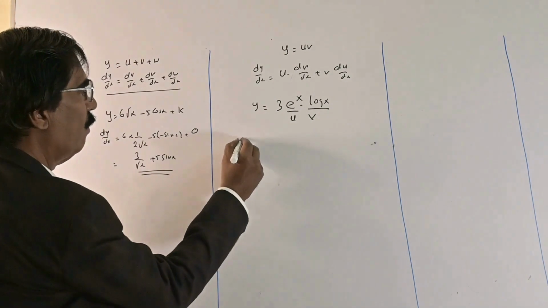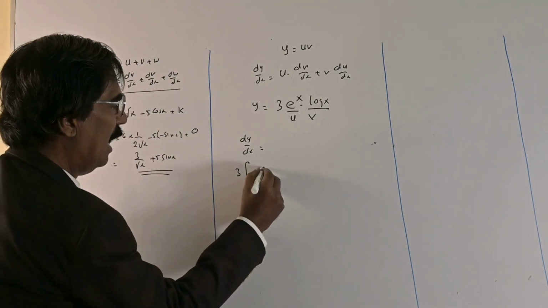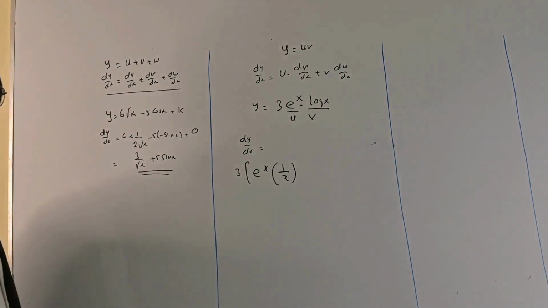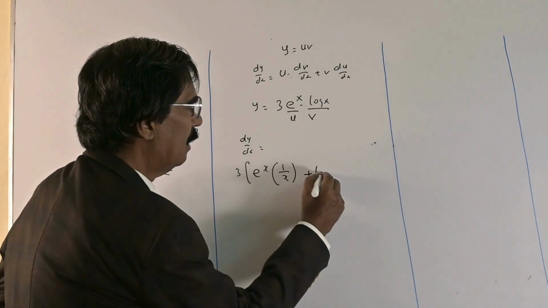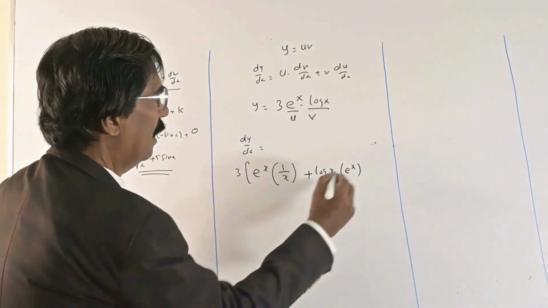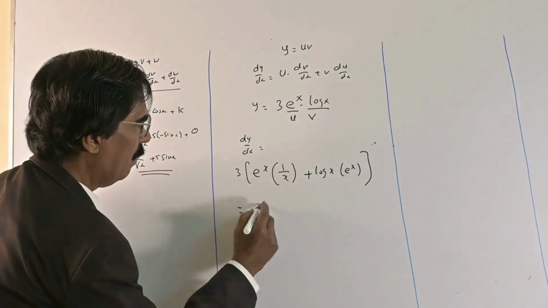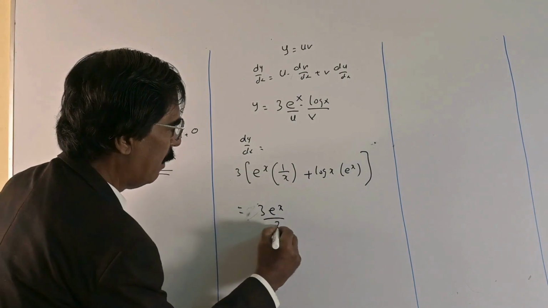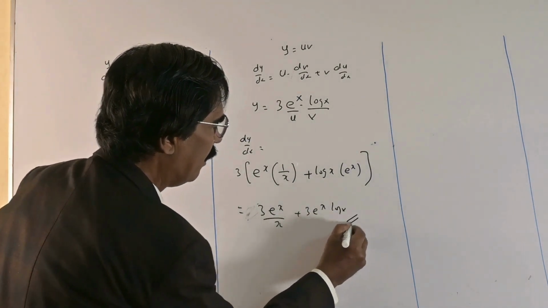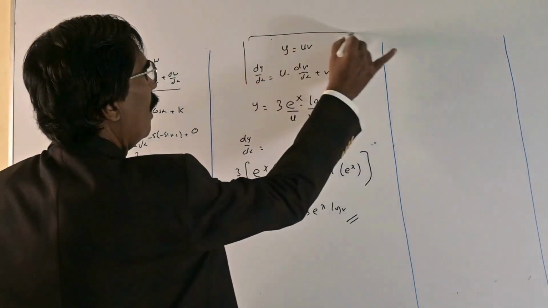Now differentiate: dy by dx, 3 e power x as it is, differentiate log x, 1 by x. And plus log x as it is, differentiate e power x. 3 overall outside, 3 e power x by x plus 3 e power x log x. That is the differentiation for y is equal to u into v format.